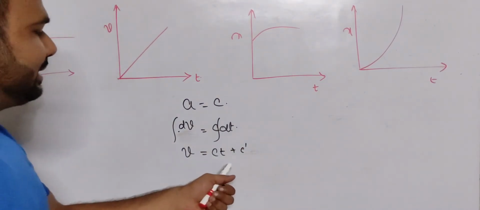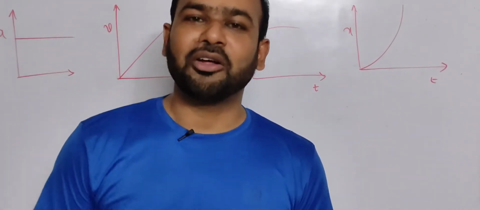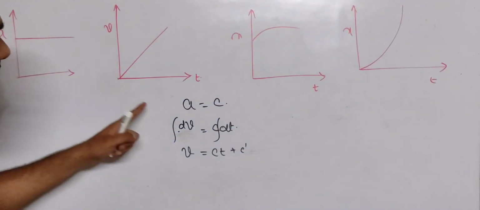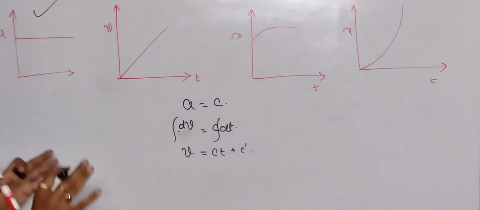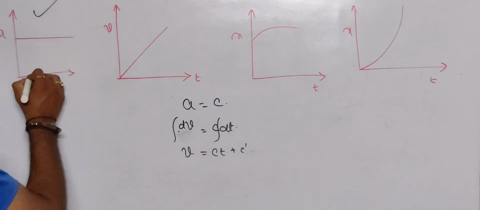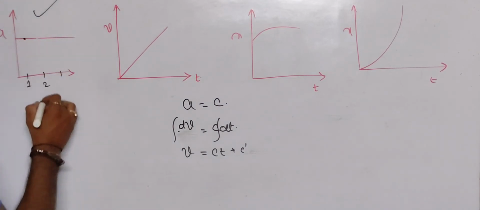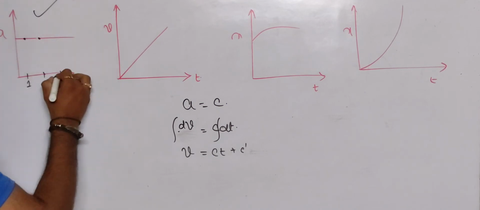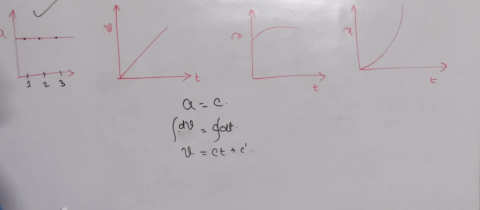So v equal to ct plus c. It is an equation of a straight line. If we consider acceleration is constant, that means this line is constant. How is it constant? As time is passing, 1 second the acceleration is here, 2 seconds the acceleration is here, 3 seconds the acceleration is here. That means as time passes by, the acceleration is fixed.